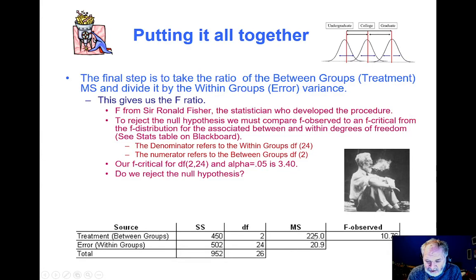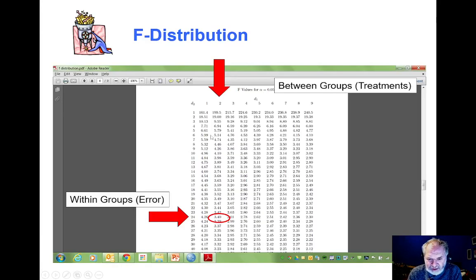This is my numerator, this is my denominator, 225 divided by 20.9. 2 and 24. My D1 degrees of freedom is 2. My D2 degrees of freedom, which is my error, is 24. So 2 and 24 degrees of freedom. My F critical is 3.4.